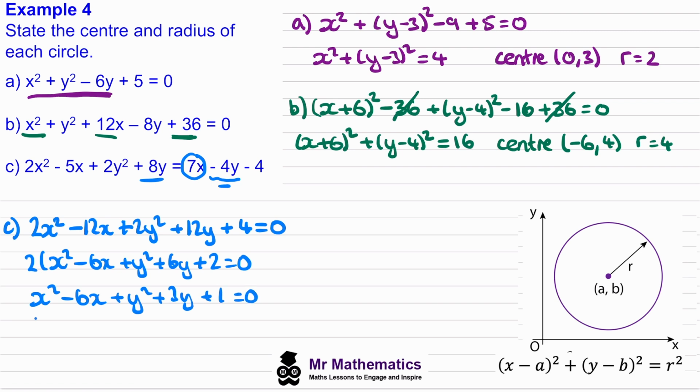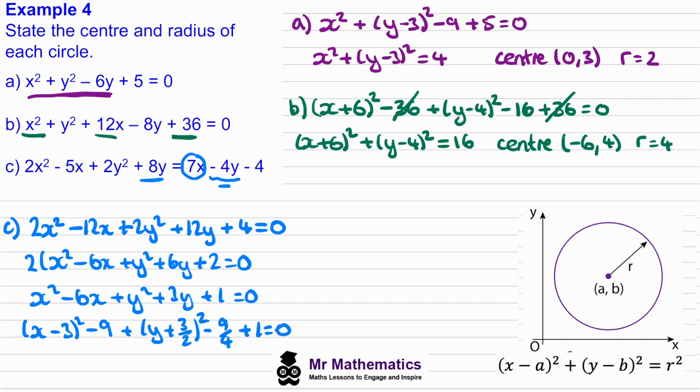And then we can use the method of completing the square. So we've got x minus 3 squared, take away 9, plus y plus 3 over 2, all squared, take away the 9 over 4, plus 1 will equal 0.